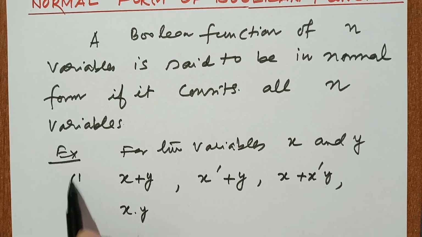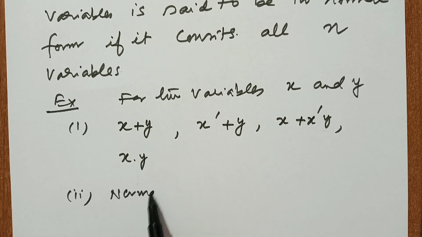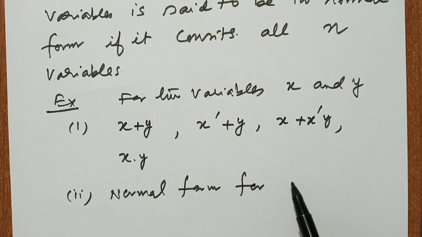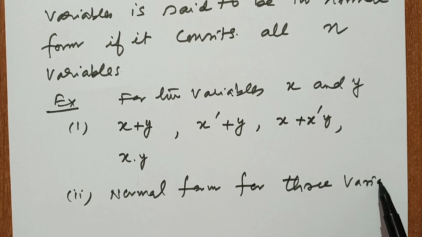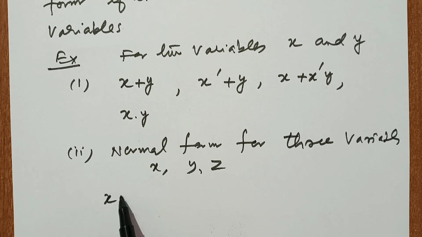So second example for three variables, normal form for three variables x, y and z. So this is x, y, z. This is normal form.